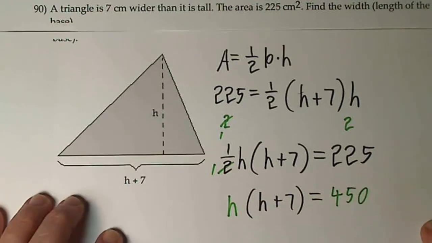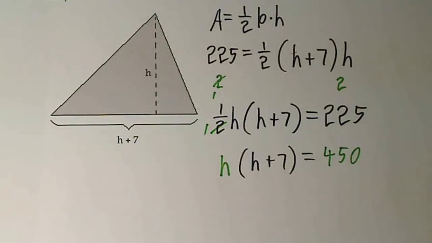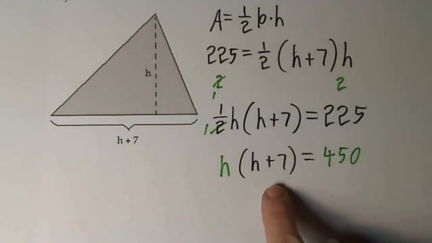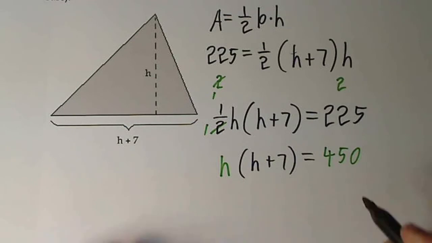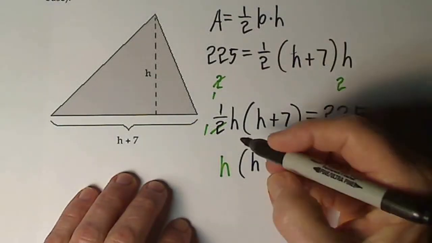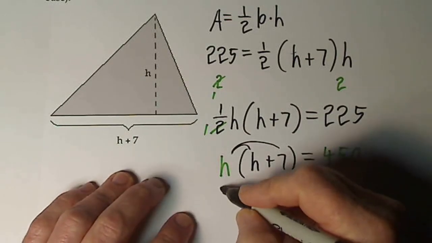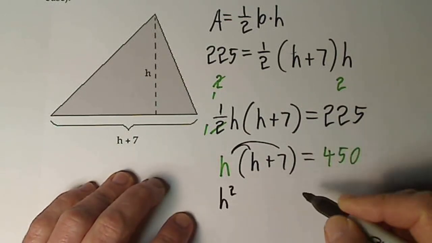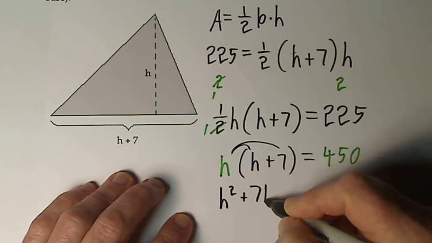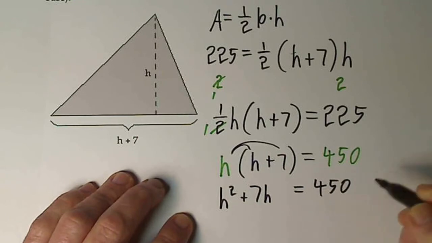Okay, and you still can't solve for h, you're a good ways from it. You need to get rid of the parentheses, and we'll be subtracting 450 because we've done a lot of these with the zero factor property, and we're about to end up with h squared. So we have h squared plus 7h equals 450.